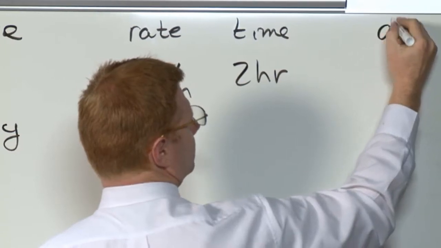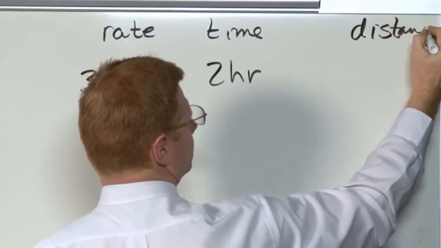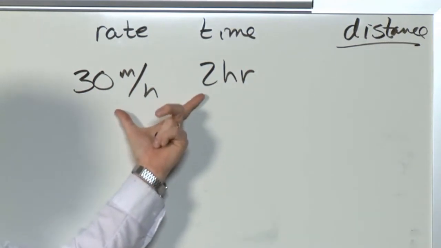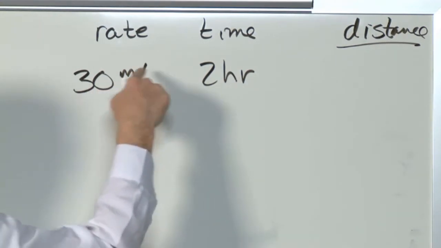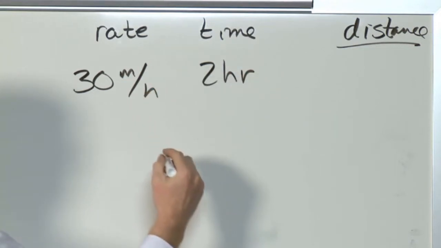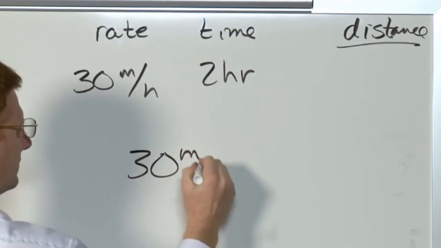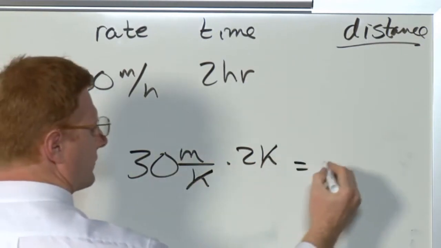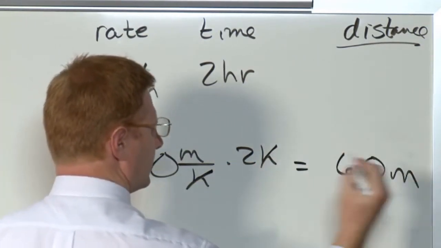How far did you go? So, go 30 miles in 1 hour, and then you go for another hour at the same speed. You got 30 and a 30. You end up multiplying these two together. We did that with unit conversion. 30 miles per hour times 2 hours. The hours cancel, and we were left with 60 miles.